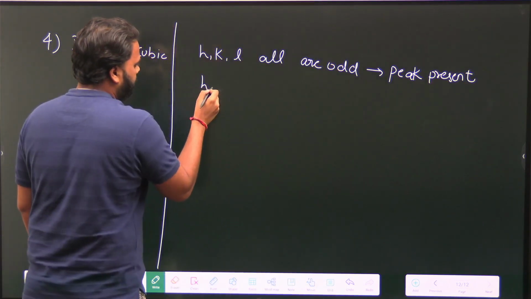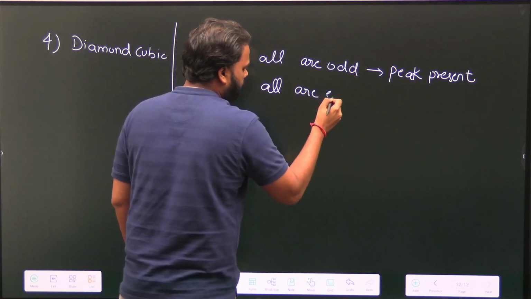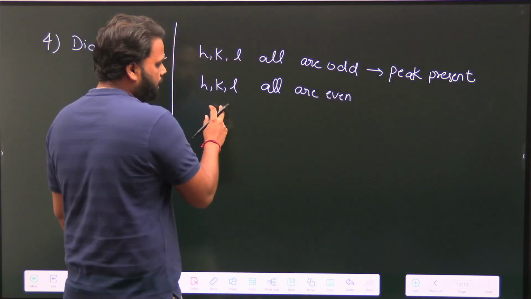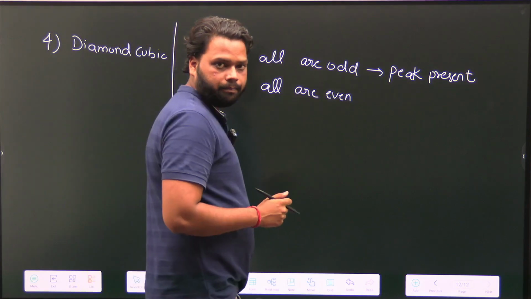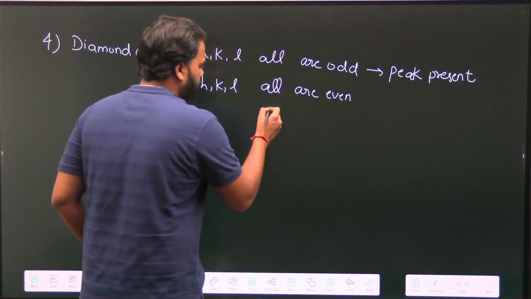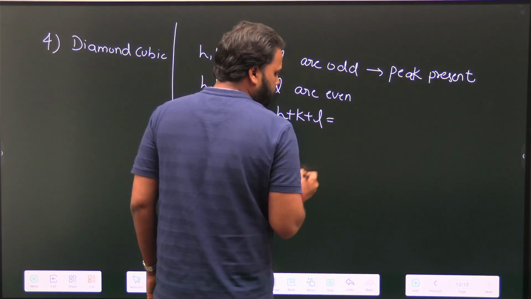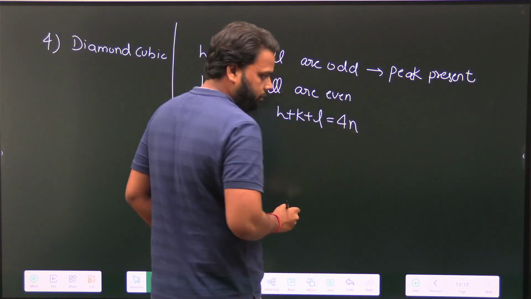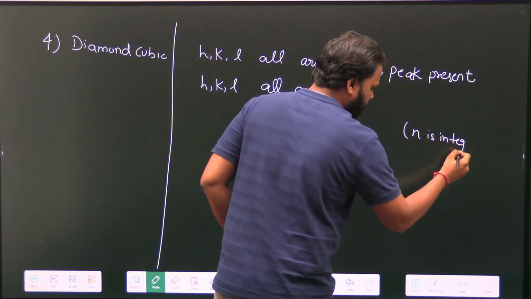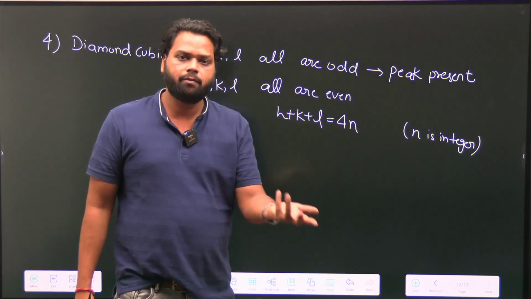And if H, K, L all are even, remember, ऐसा नहीं है तुरंत प्रेजेंट हो जाएगा, नहीं. If H, K, L all are even, then H plus K plus L, this value should be equal to 4n, and n is integer here. That means the sum of HKL should be divisible by 4.